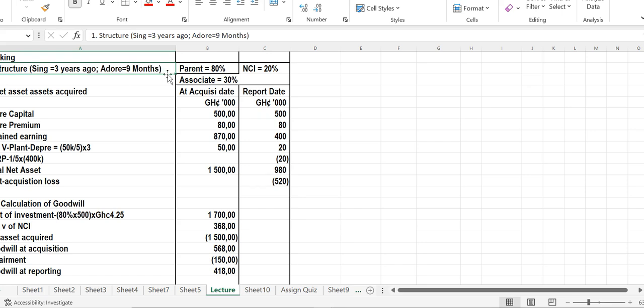Then we have parent 80 and NCI 20, associate 30%. Then your net assets, all these you can do, so it's not something I really will bother about. But this is where I want you to pay attention: the fair value of the plant and then the associated depreciation.